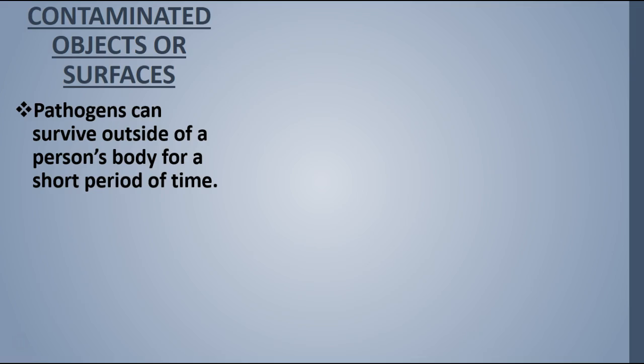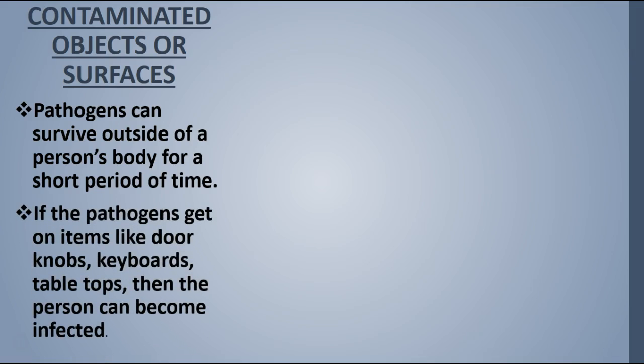And then when somebody else comes along and touches that item, they pick up that pathogen or that germ and they pass it on to themselves, and then they become infected.